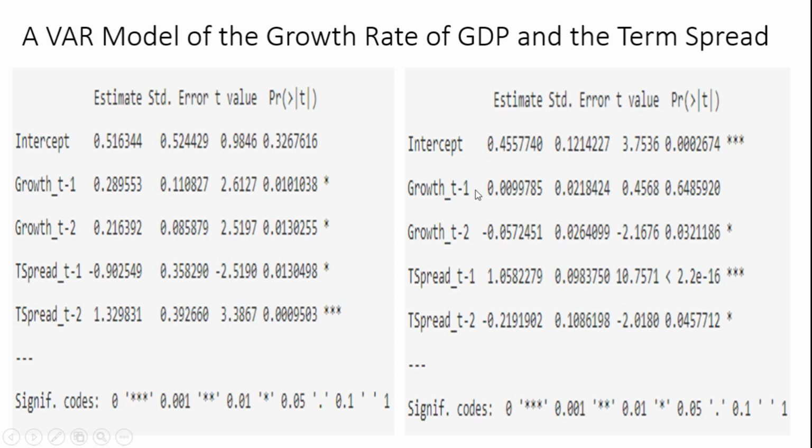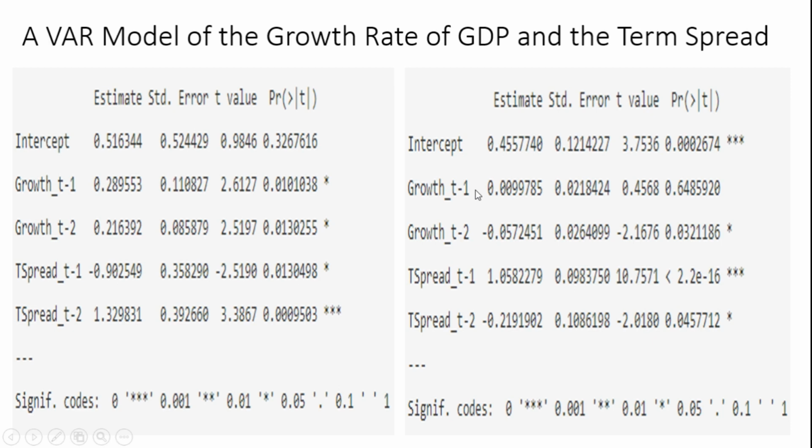So you don't need to wait for 2 periods as in the previous case, but 1 period is sufficient to have an action of variation of lag term spread on term spread, which is the dependent variable in this case.